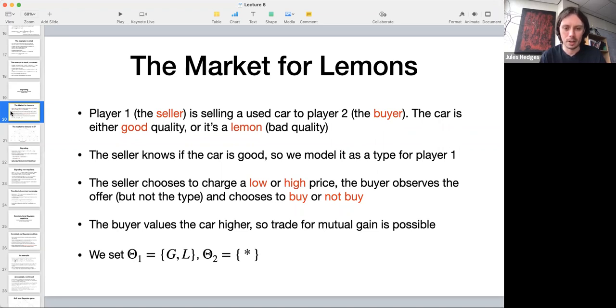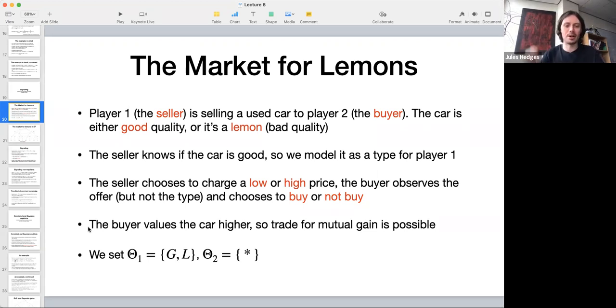The payoffs are set up so that in both types, both for a good quality car and a lemon, the buyer values the car higher than the seller, which means that trade for mutual gain is theoretically possible.